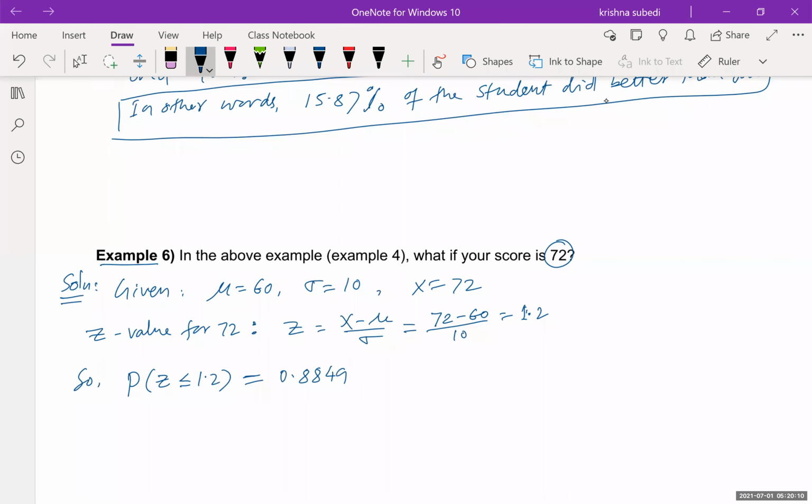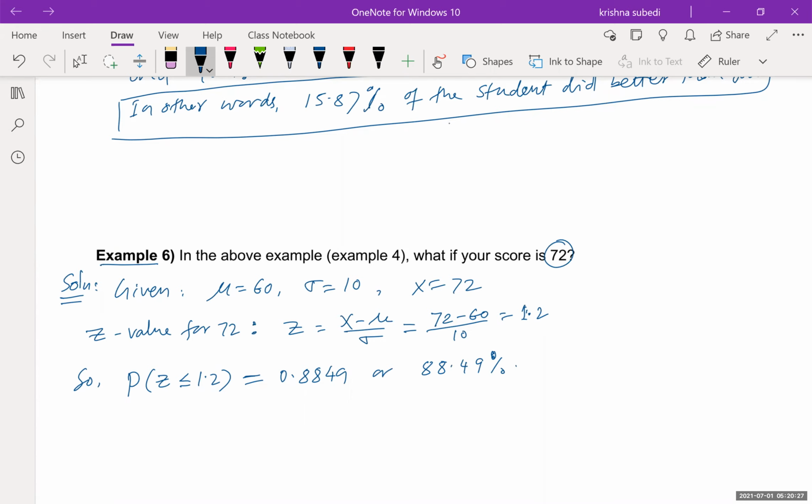Okay, you guys got 0.8849. So many of you got the same thing. That means it should be the correct answer. Or you can say 88.49 percentile.